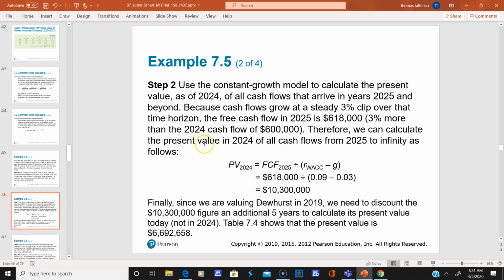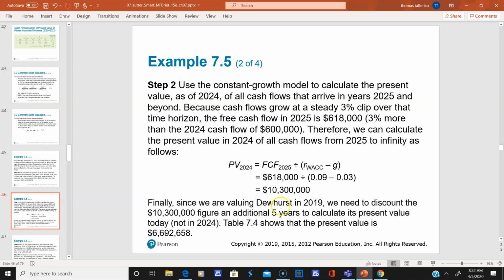Therefore, we can calculate the present value in 2024 of all cash flows from 2025 to infinity as follows. Here we have that model for 2025, and we divide by the given weighted average cost of capital from the example and the growth rate, and we get the present value of the stock. And we're using the free cash flows.